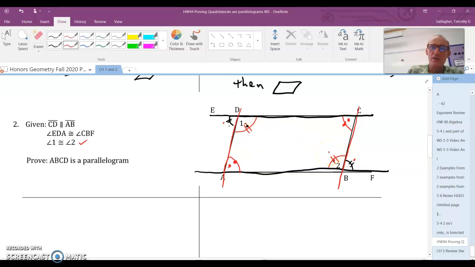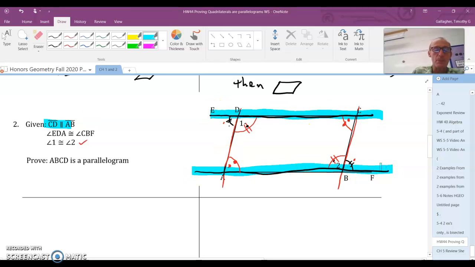So let's back up. This is saying that this is parallel to this. Well, we have a couple of transversals here. This is a transversal and this is a transversal from these two parallel lines. And then we have the two angles, EDA is congruent to CBF.